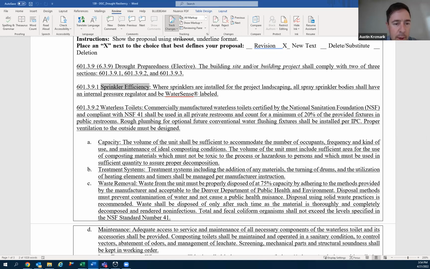Unfortunately, EPA WaterSense doesn't have a WaterSense label for that portion of it, so you can have a sprinkler body that still is inefficiently putting out a lot of water. Denver Water rebates for, I think, 5 or 6 different high efficiency nozzles, and I'm just curious, would you be willing to include those nozzles as a subsection to this? Yeah, I think that's a good idea. I'll let the DGC also comment.